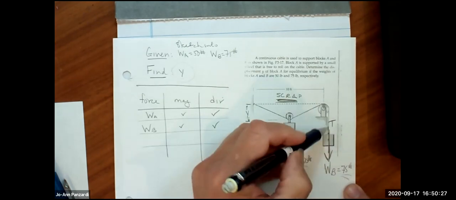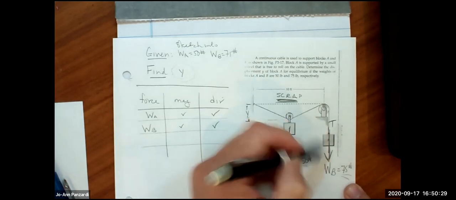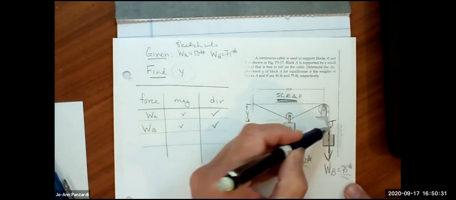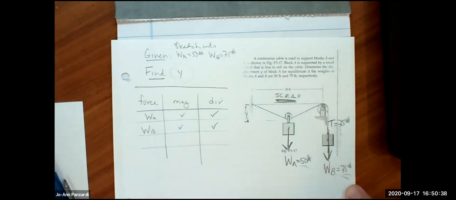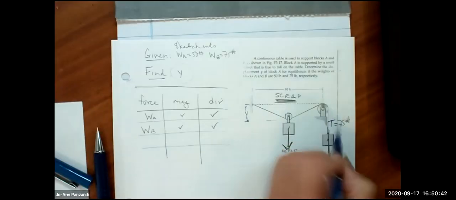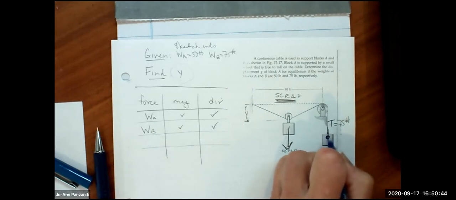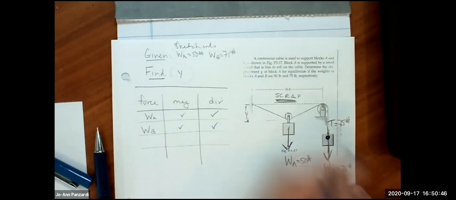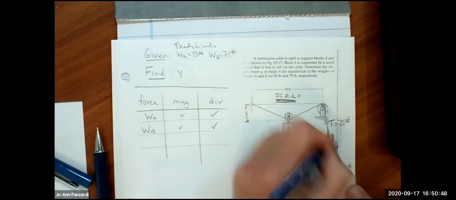So if this is T here, and this is the weight, what is T equal to? The weight. Right. It's equal to the 75 pounds. And why? Because it's holding it up. And if we wanted to think about it, we could do a free body diagram of block B, and the weight of B goes down and the T goes up.